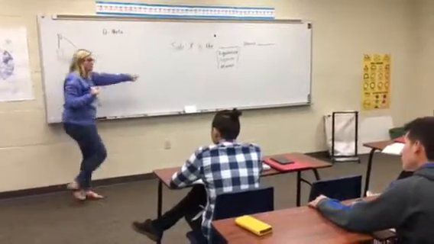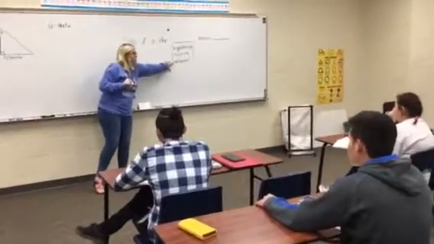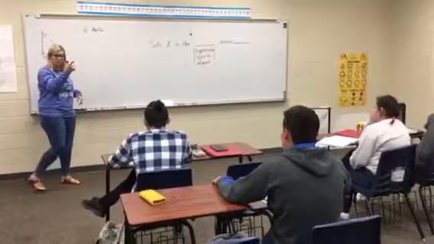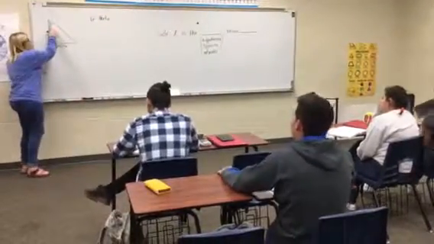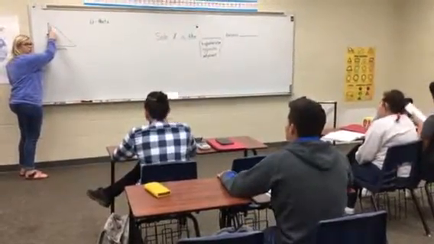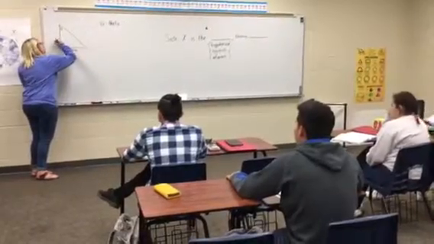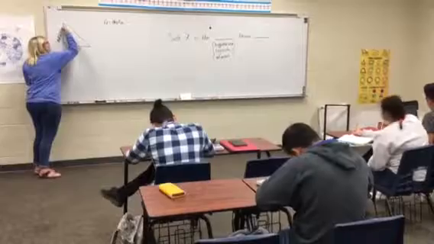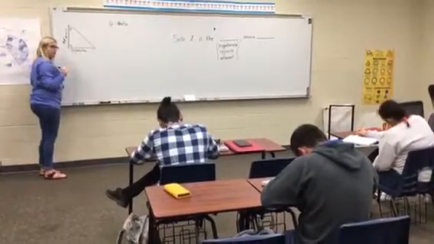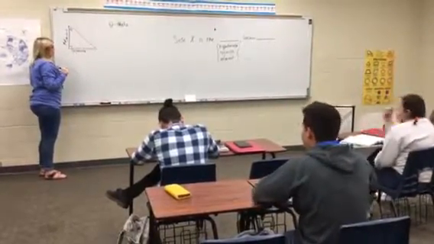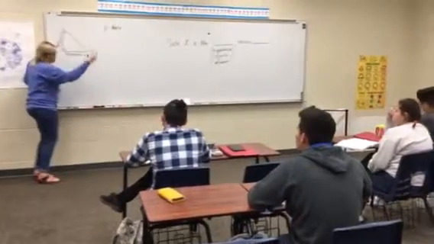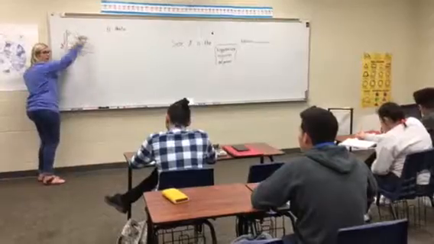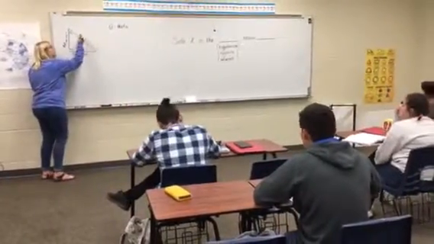Do we know what adjacent means? Next to it. Exactly, next to. So the side that is next to theta is your adjacent side. And we should always know that the hypotenuse is the side across from the 90-degree angle.